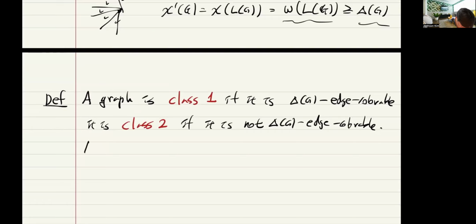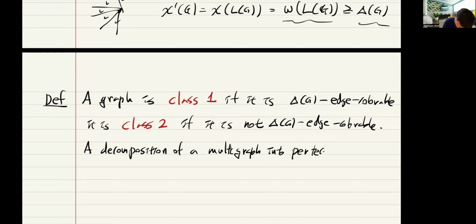Okay, let's define other terminology. We say that if we consider a decomposition, which is a partition of a multigraph into perfect matchings, it is called a one-factorization.